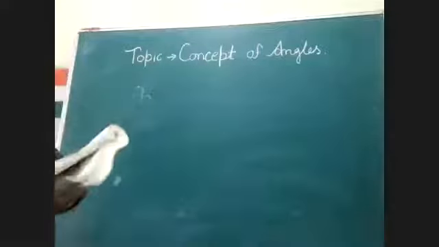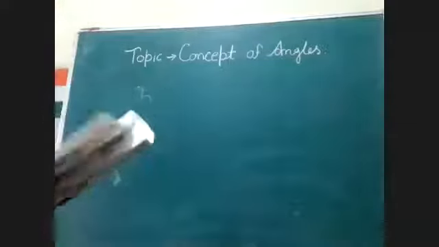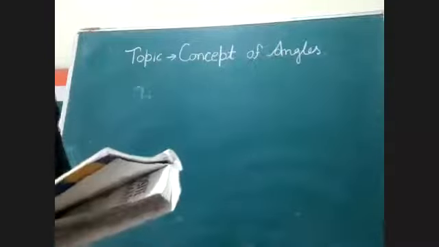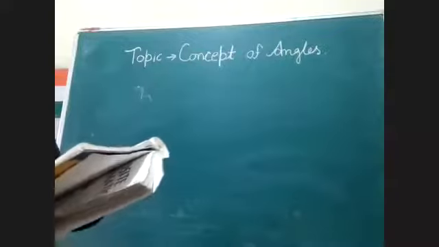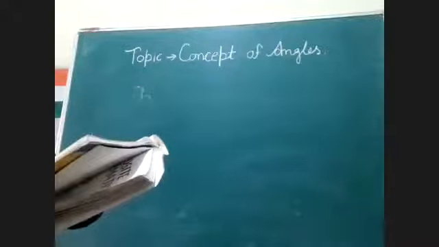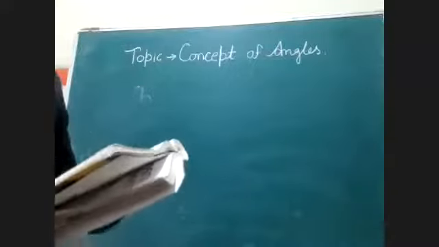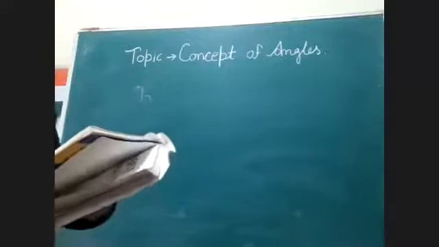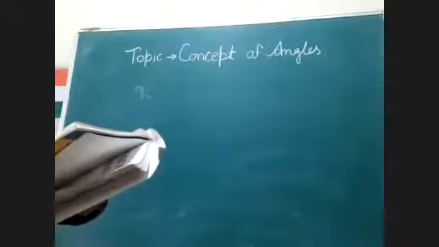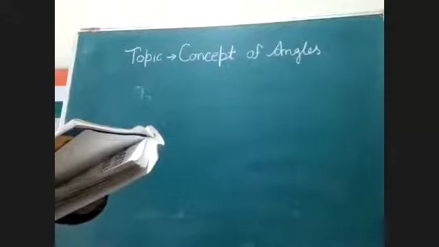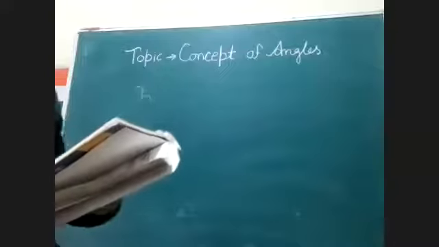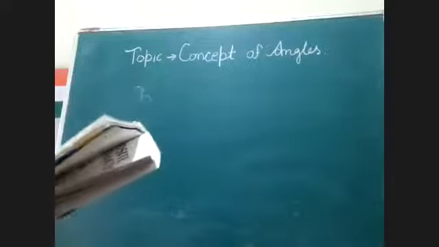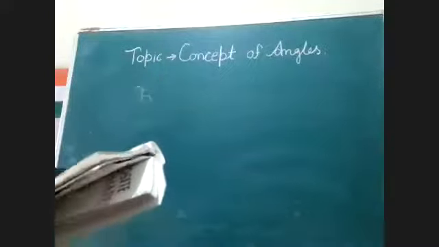The fifth question is: in the adjoining figure, name the points. In the figure, we have an angle and a few points on it. Some points lie on the angle, some are interior of this angle, and some are exterior of this angle.